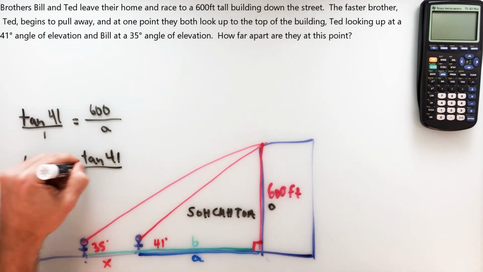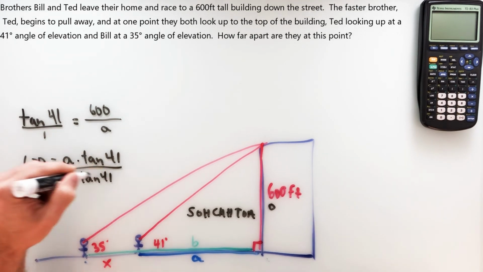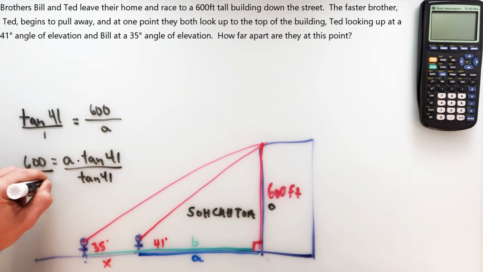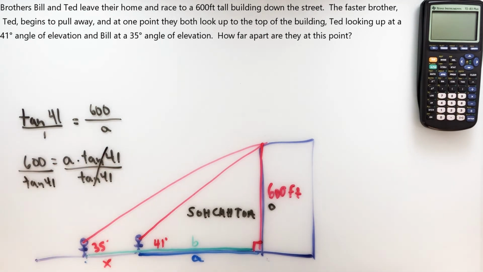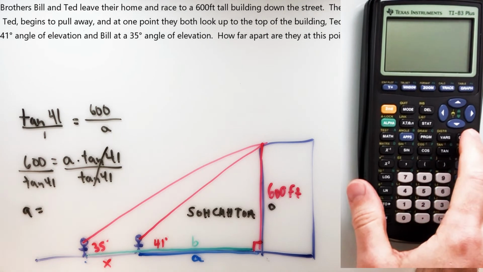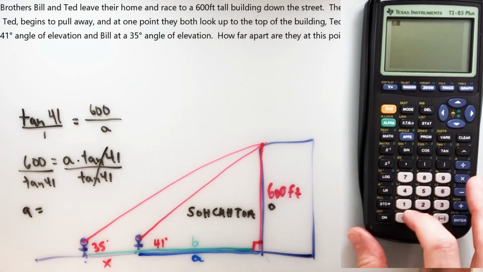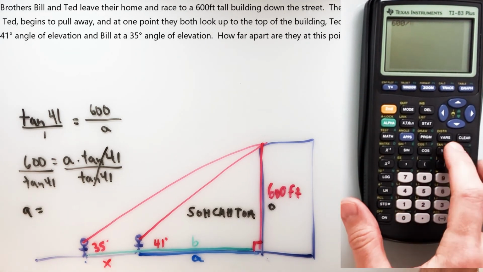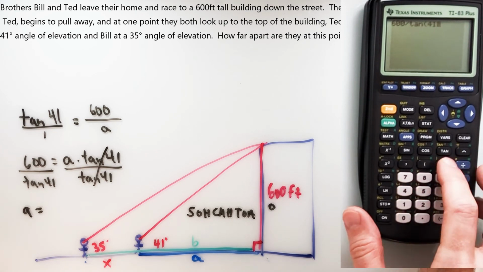And to solve for A, divide by tan 41 on both sides. Tangent 41 over tangent 41 is 1. I'll have A equals 600 divided by tangent 41. That's what I need to type in. So we've got 600 divided by tangent 41.